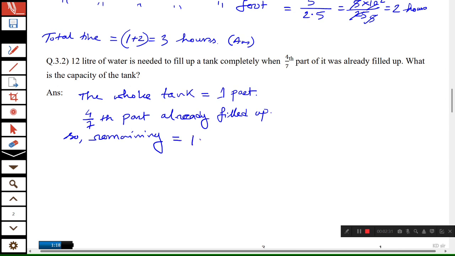remaining equal to 1 minus 4 by 7, so that is equal to 3 by 7 part. So this 3 by 7 part is this 12 liter, because 12 liter water is needed to fill up the tank completely when 4 by 7 part is already filled up.